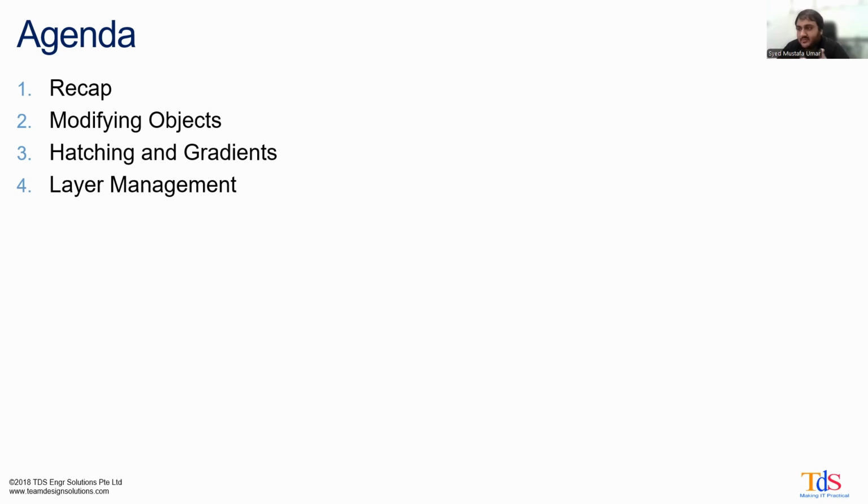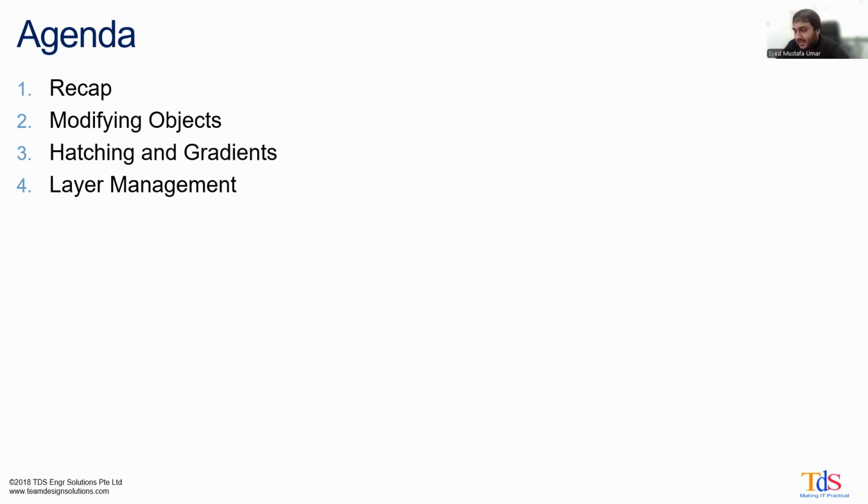Because on the surface, when you just open up the software, it can be quite overwhelming. So we took 45 minutes, an hour, to really go through everything before we actually start drawing something out. After that, the second part consisted of actually drawing some things out.